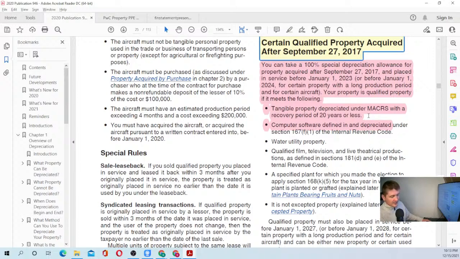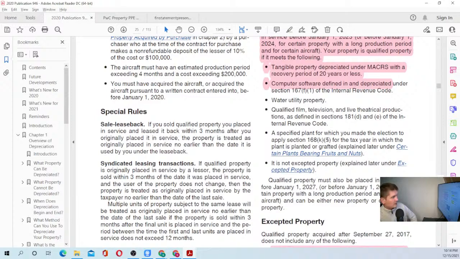But if we replace a heat pump in the building or a refrigerator or something else, we can generally, based on that provision, write off the full cost of such improvement in the year when we acquired it. So it's very beneficial if we want to accelerate our tax expenses and decrease our current taxable income. But our future taxable income will be more, and we need to know for sure what we are doing.